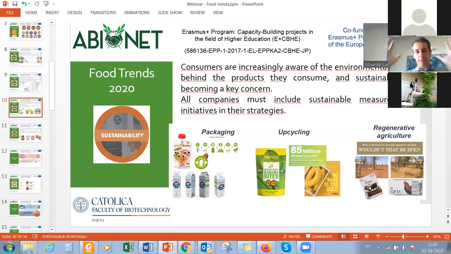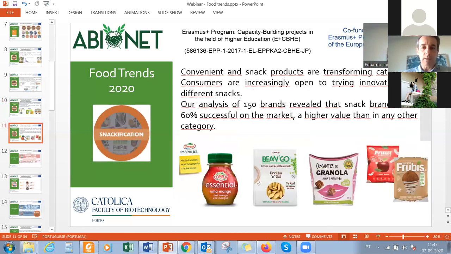So this whole chain in some way has to be more transparent to the consumer, so the consumer can trust the products.